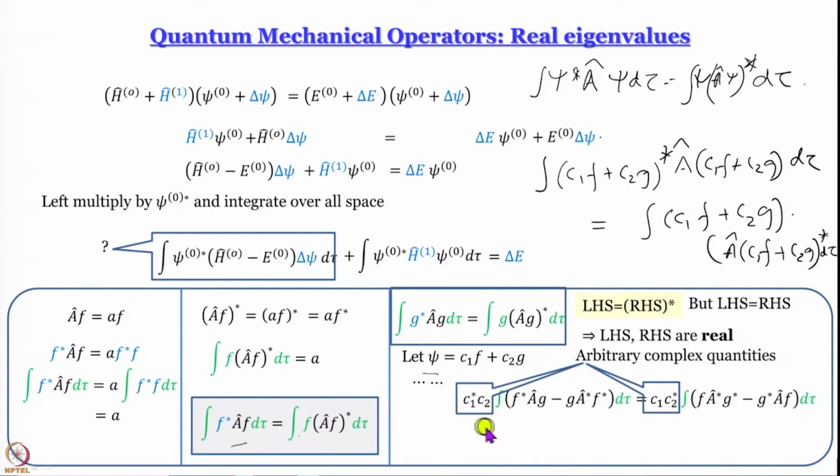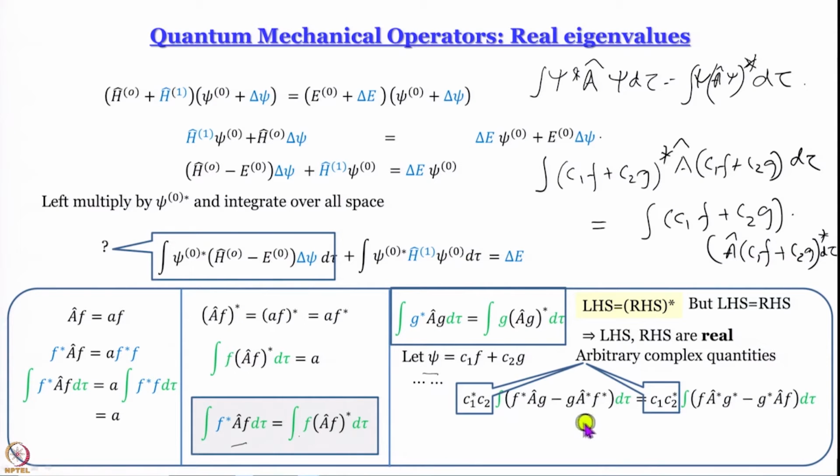Either C1 star and C2 both have to be real, or C2 has to be the complex conjugate of C1 star, then only this C1 star C2, C1 C2 star, are going to be real, but that is not the case. That would be a very, very specific case. We have written a general expression. So, these are arbitrary complex quantities.